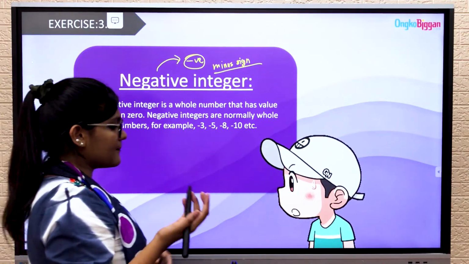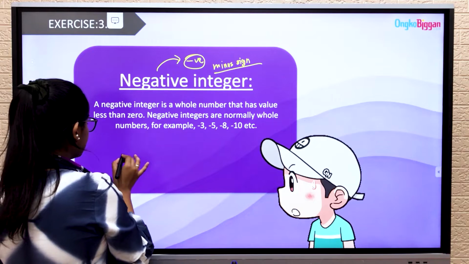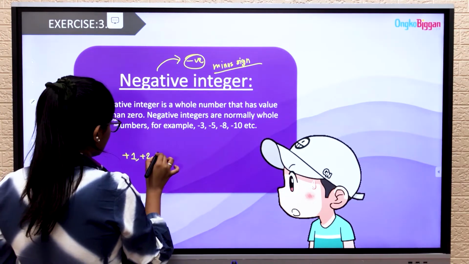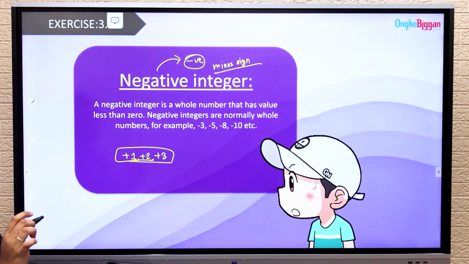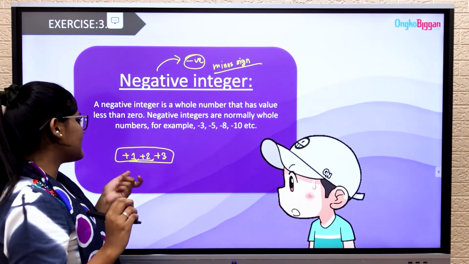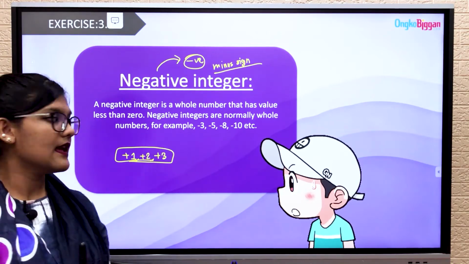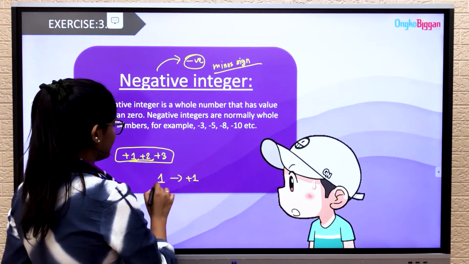The numbers we have learned as positive integers can also be expressed in this way, like +1, +2, +3. But in case of positive integers, if we don't put the plus sign, it will make no difference, because by 1 we actually mean +1.